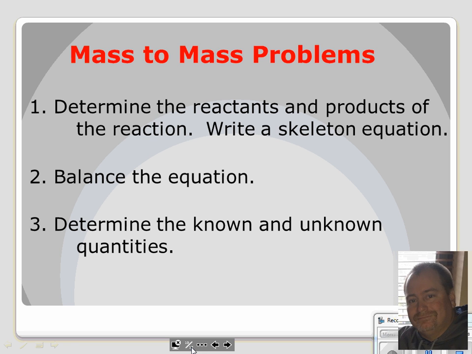So, what was given to me in the question, that is the known, and what is asked of me to find, that is the unknown. So what the question is giving me and what I need to find, the known and the unknown quantities.